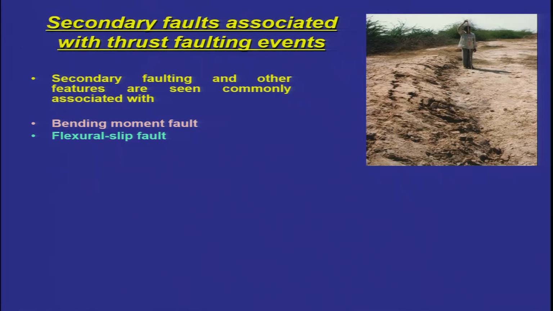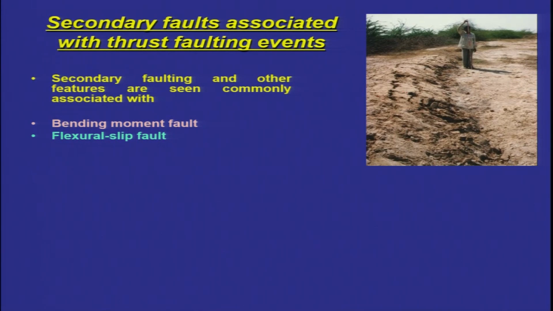So, secondary faulting and other features associated with thrust faulting events are commonly seen with bending moment faults and flexure-slip faults. You have the bending moment fault, and on the surface you see fractures which develop and also show some displacement.